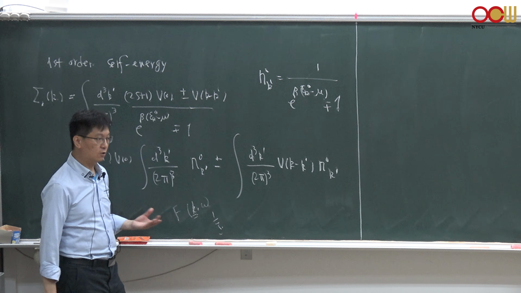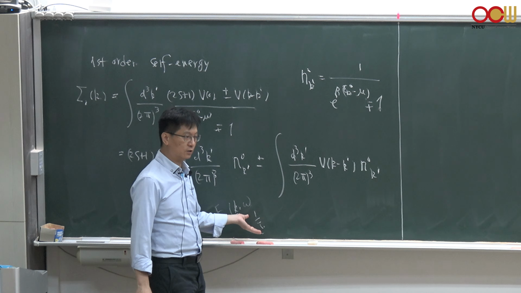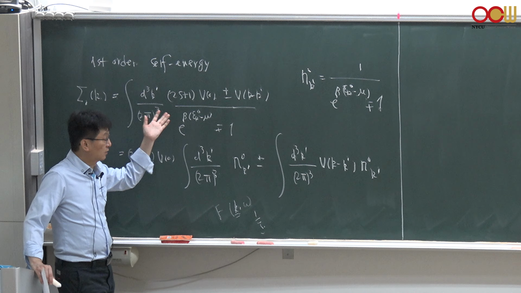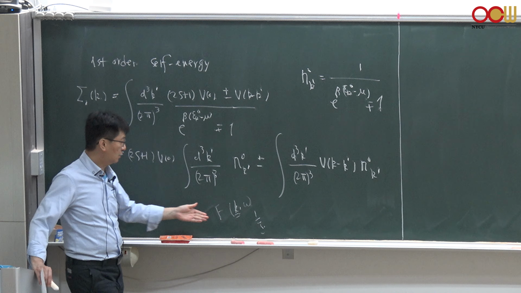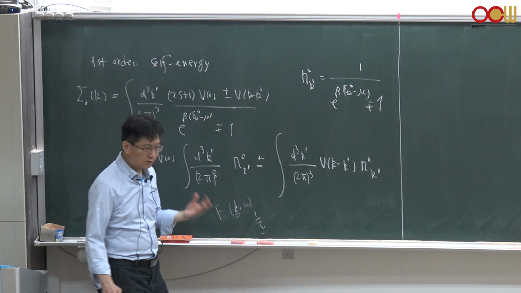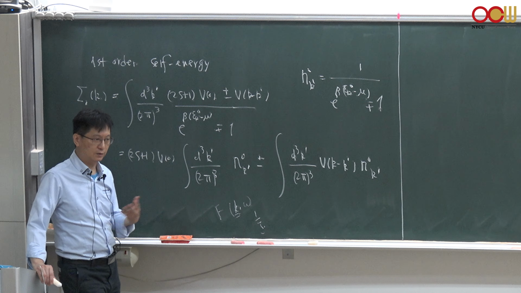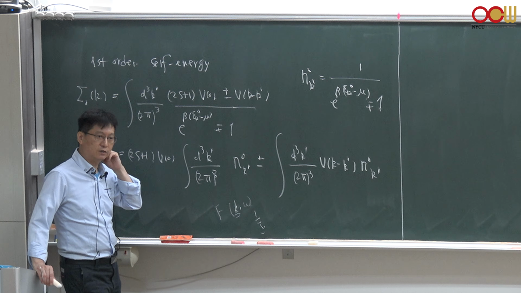So you could also consider the scattering time or relaxation time as a function of k and omega, and also temperature. But this kind of relaxation rate is impossible to compute if you don't know this Green's function technique. But this kind of relaxation rate could be estimated by the semi-classical Boltzmann-type integral, right?